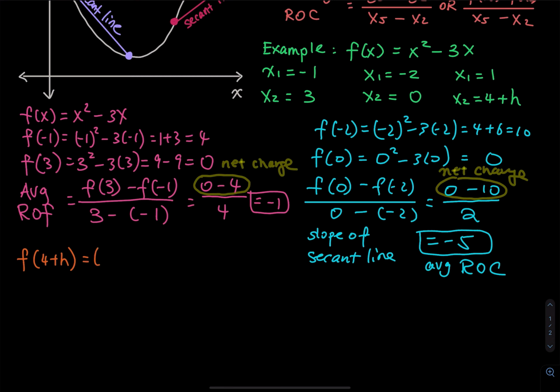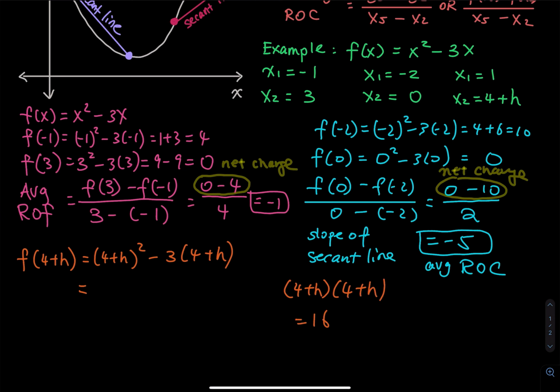So that is 4 plus h squared minus 3 times 4 plus h. I think the problem wants me to fully expand that. So remember, 4 plus h times 4 plus h: 4 times 4, 4 times h, h times 4, h times h.